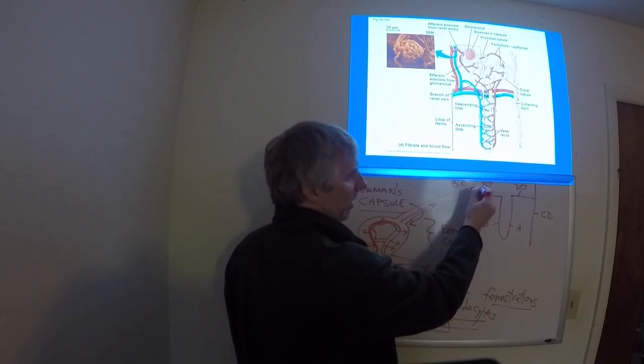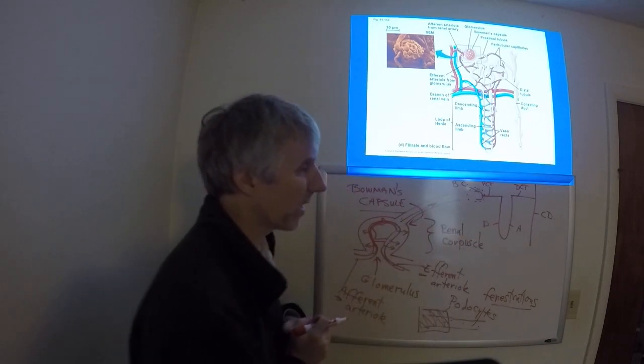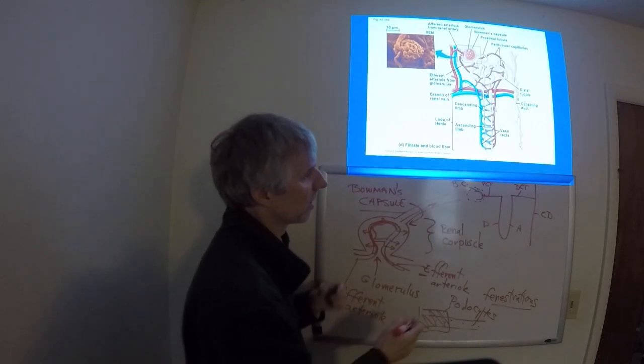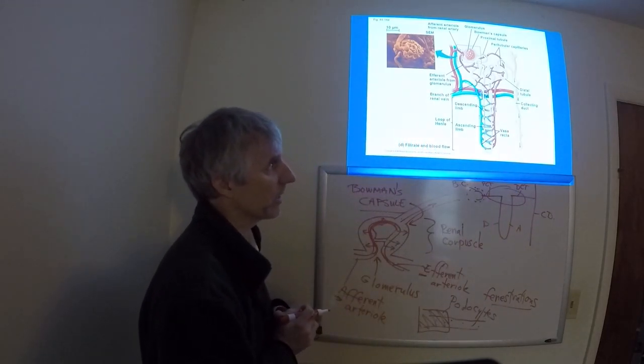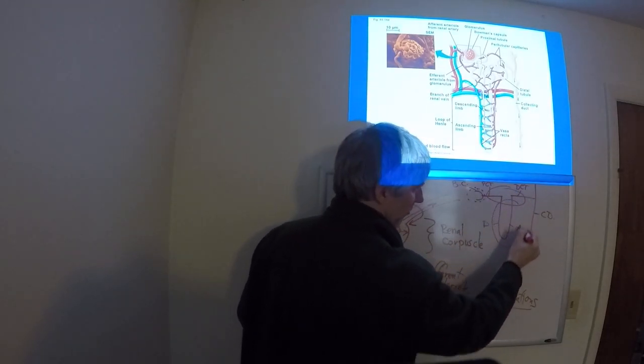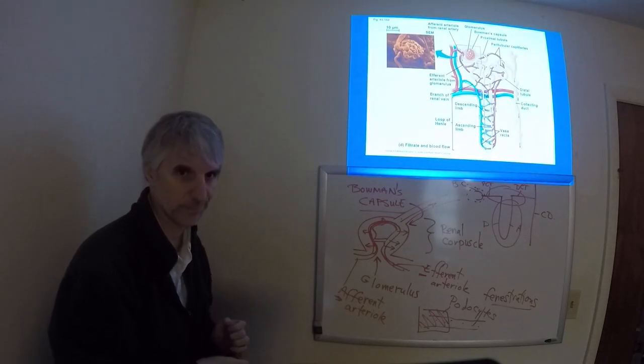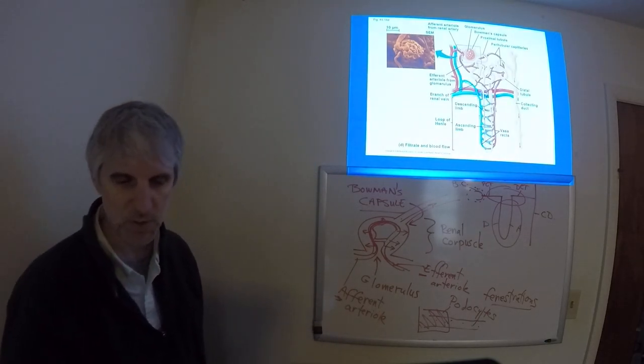So you have the glomerulus here, then you would have peritubular capillary here, and vasa recta here. But it's all part of the same system.